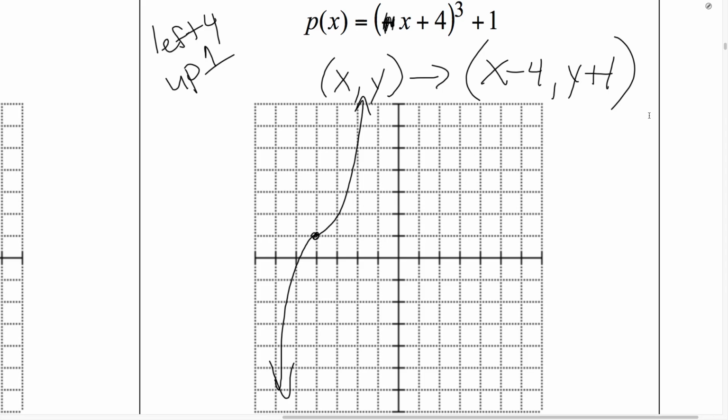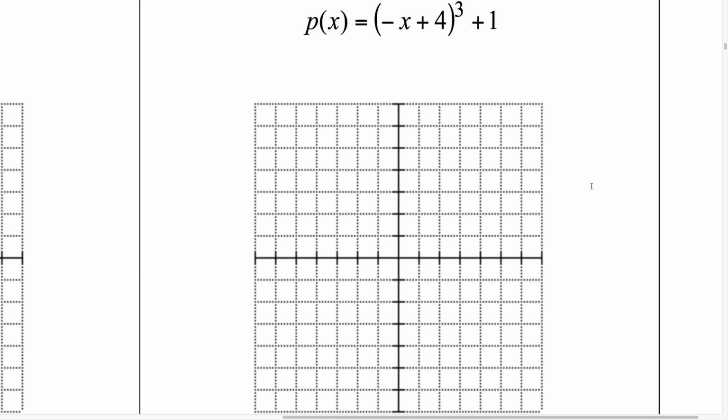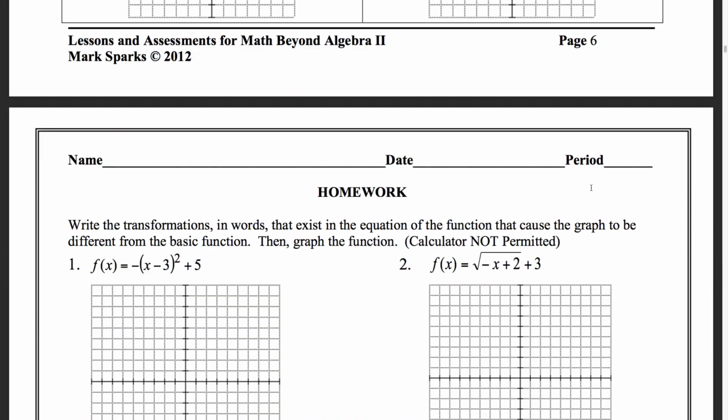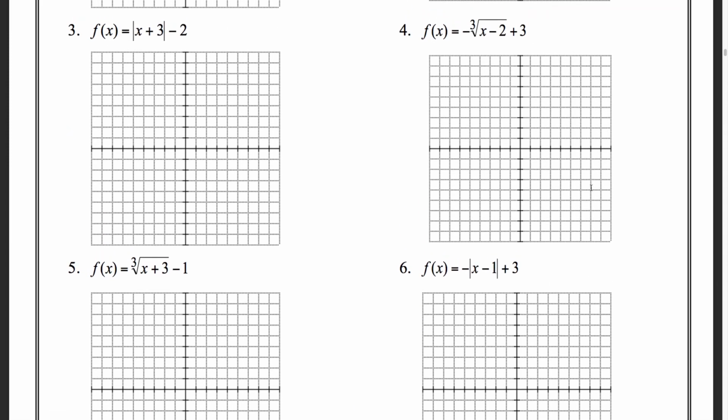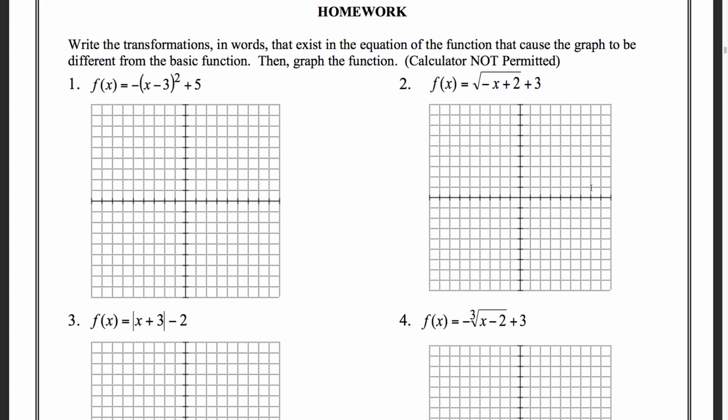Let's take a quick moment to look over our homework. Make sure that we have page 7. See if there were any questions on that. Now that we've done this, remember, you were going to drop the negative on number 2.